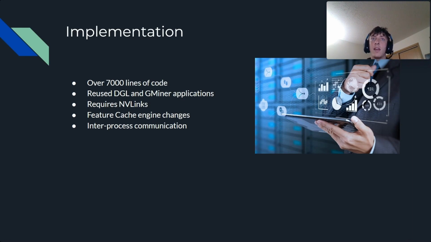The authors took care in making sure that there is no interruption when looking at inter-process communication. The researchers use separate processes for the sampling, feature retrieving, and graphic neural network computation stages. The researchers also used shared memory to avoid copy of memory over different processes.